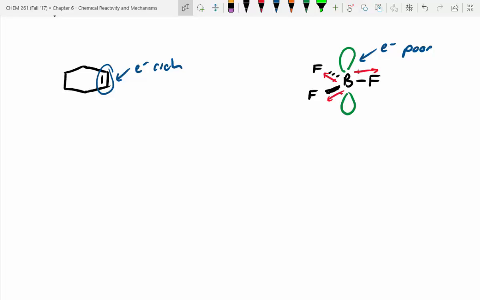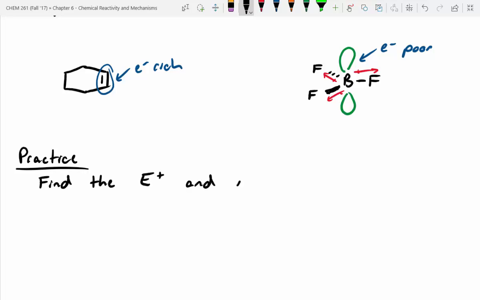So I'll give you guys an example of that. For this one, find the electrophile, and I abbreviate electrophile E+, and I abbreviate nucleophile as Nu in the following. And predict the product.